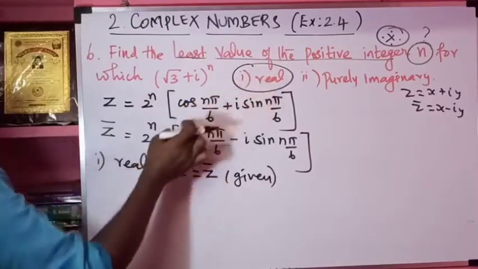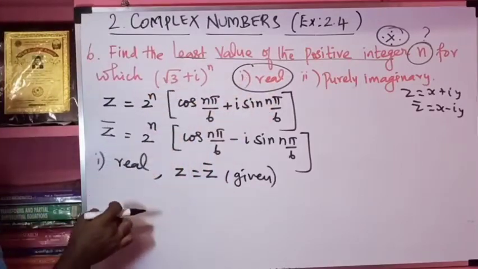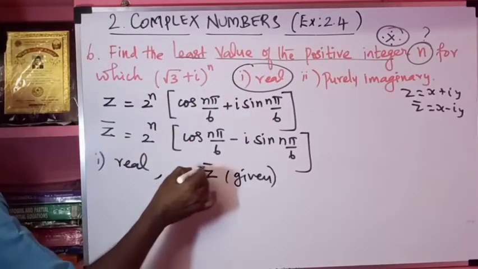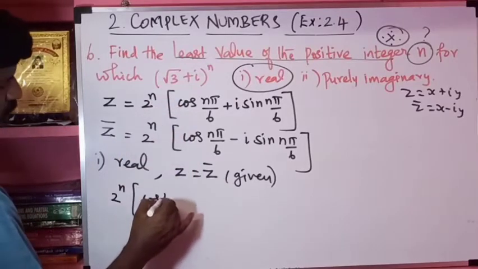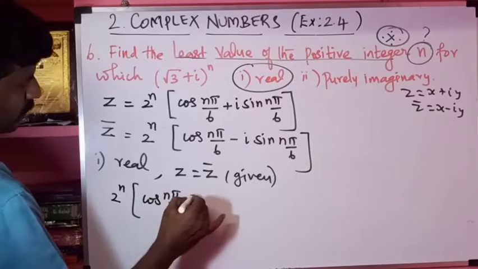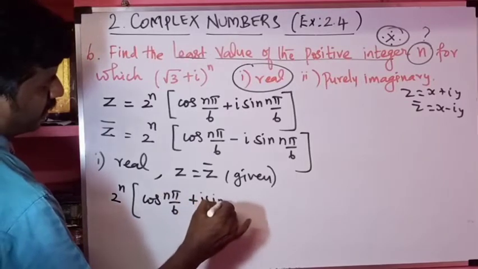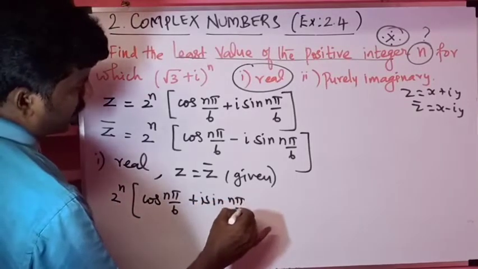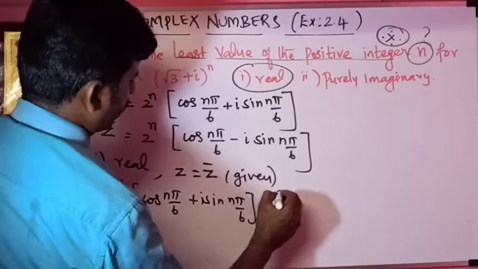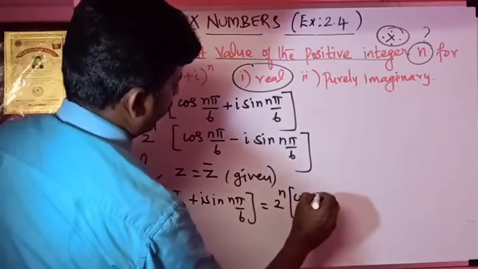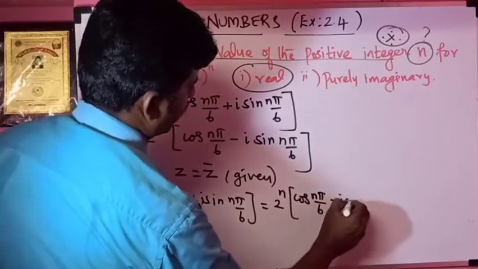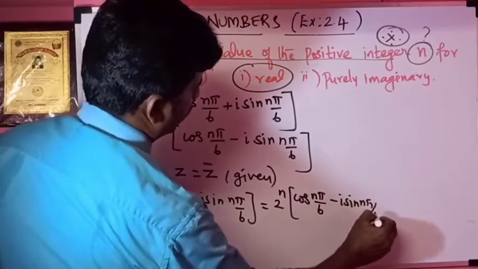So the first point says to compare these two. z equal to z bar. What is z? 2 power n, cos n pi by 6 plus i sin n pi by 6. And z bar is 2 power n into cos n pi by 6 minus i sin n pi by 6.